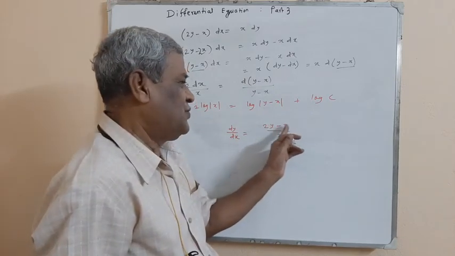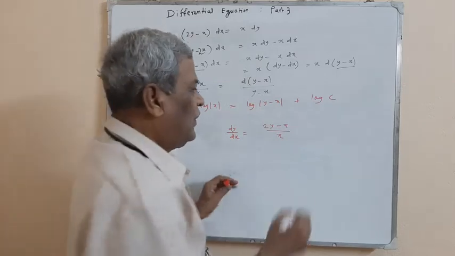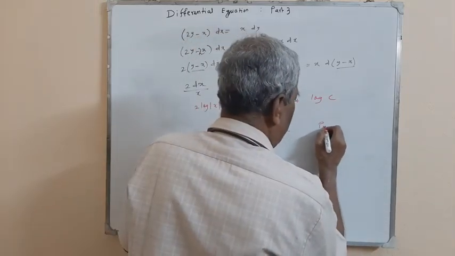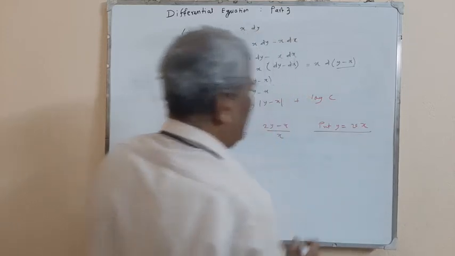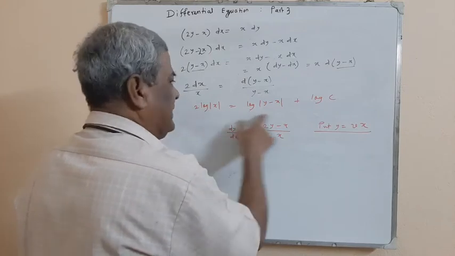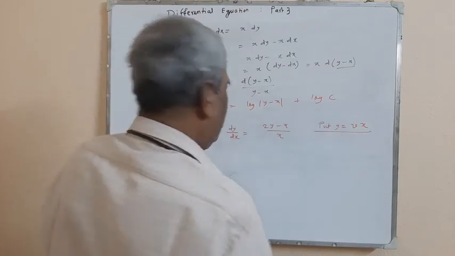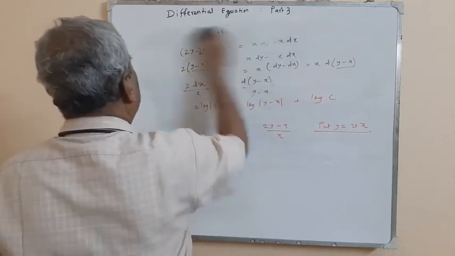This is first degree, this is first degree, this is first degree. So it is a homogeneous equation. Now by putting y equals vx, you get the same result, so you have to simplify it. Yes. Now the next problem.